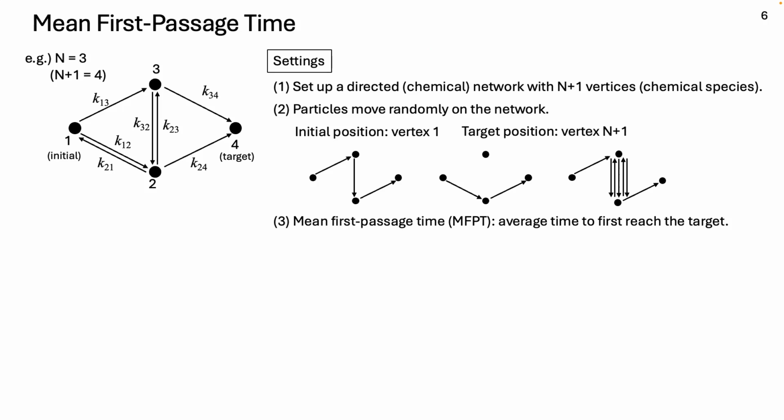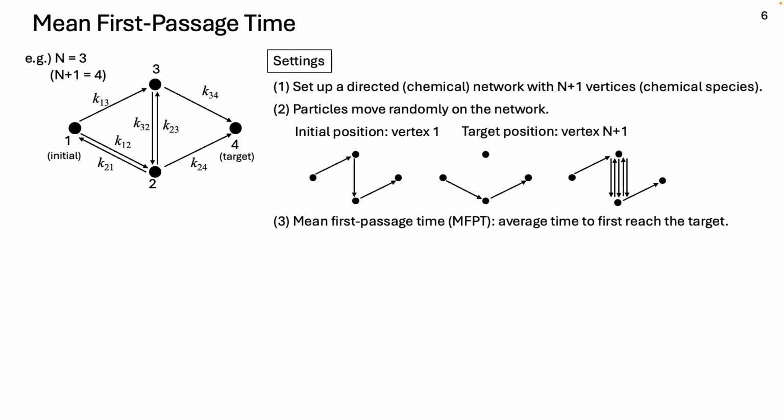The mean first passage time is the average time to first reach the target. Maybe the first passage time of this path is short because it shortcuts vertex 3.